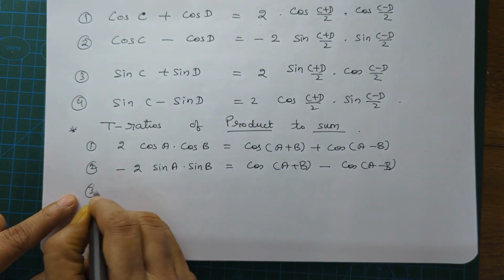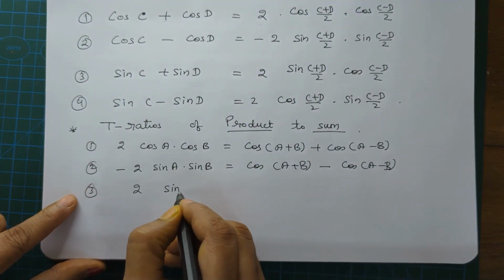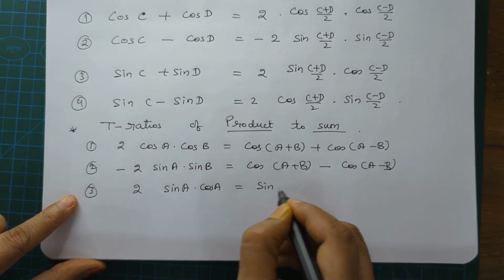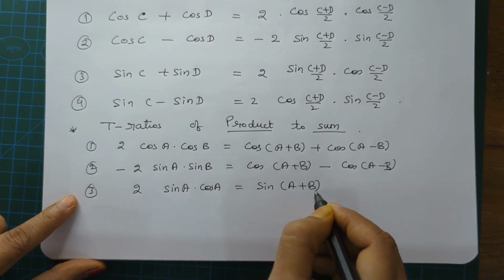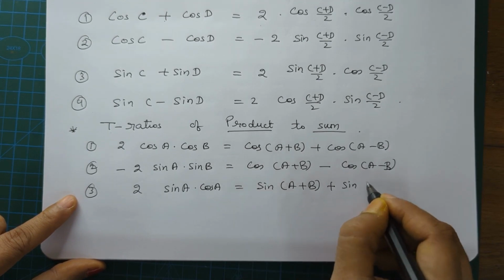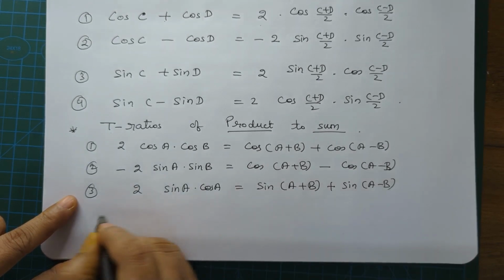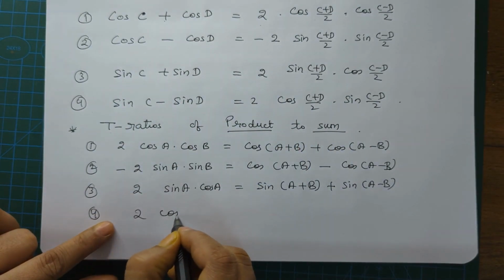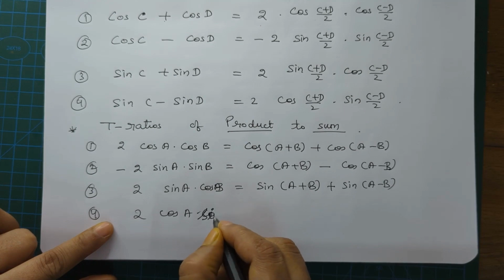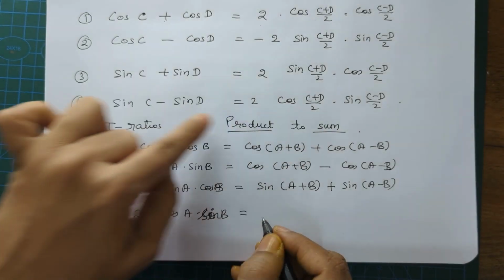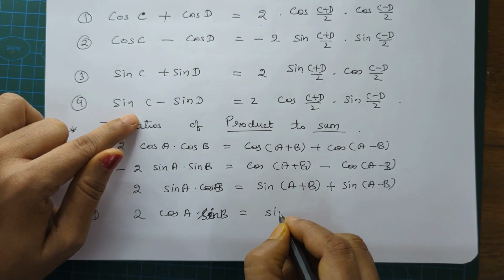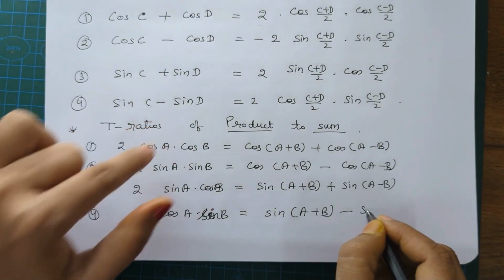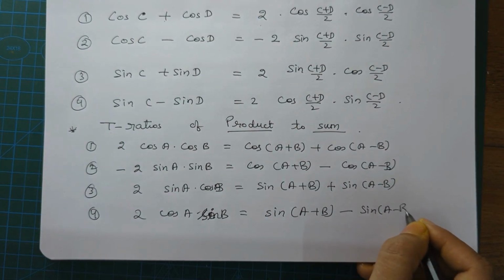So third, twice sin A cos B is sin of A plus B plus sin of A minus B. And the last one is 2 cos A sin B. So this will appear as sin of A plus B minus sin of A minus B.